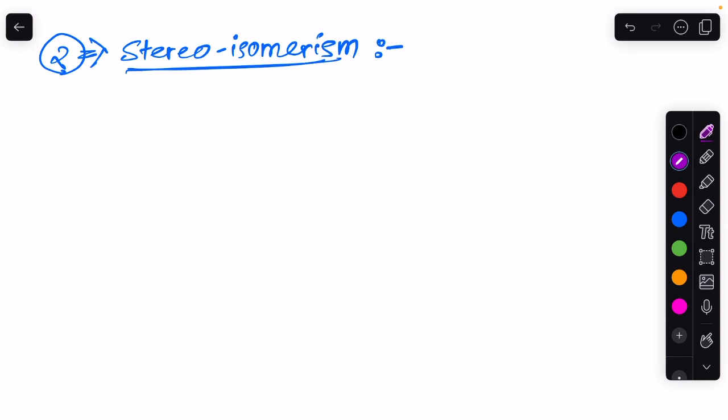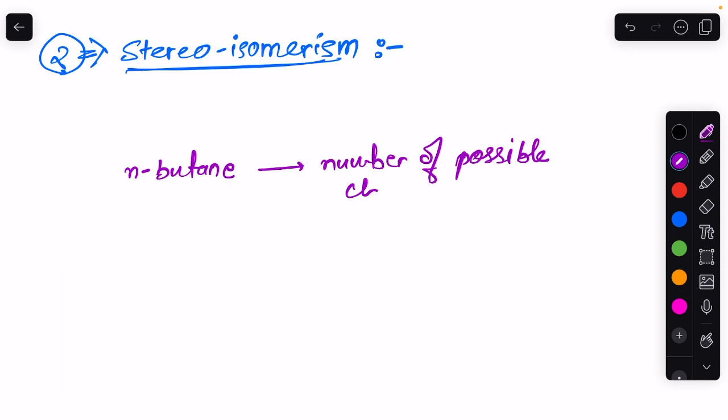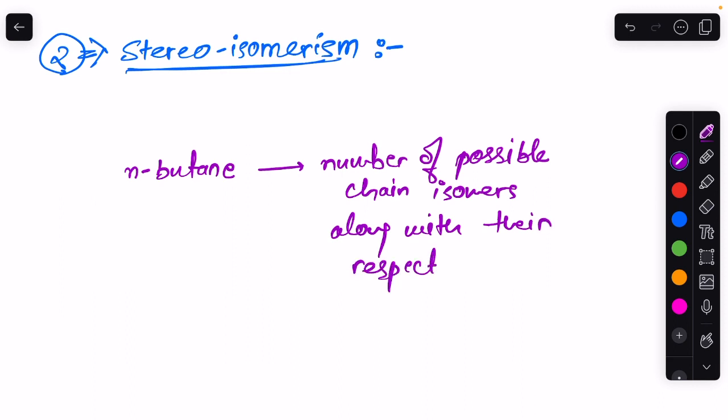Comment down how many chain isomers are possible for butane, for n-butane, along with their respective IUPAC naming.